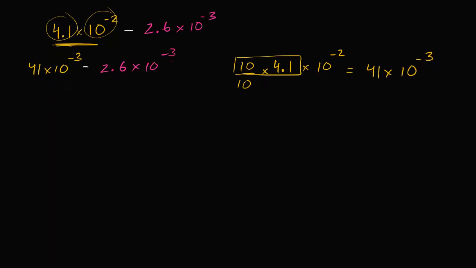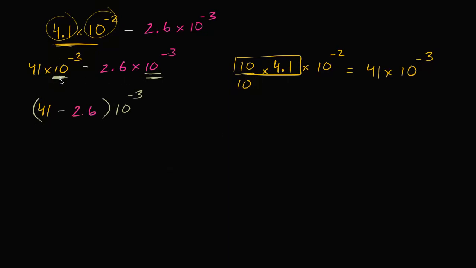Well, this is going to be the same thing as 41 minus 2.6, all of that times 10 to the negative 3. There's 10 to the negative 3 there, 10 to the negative 3 there.